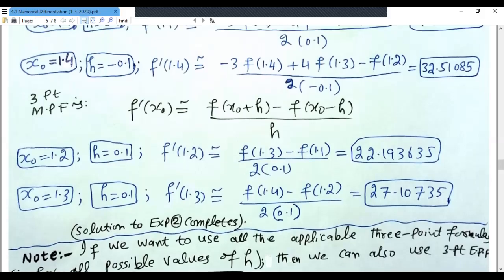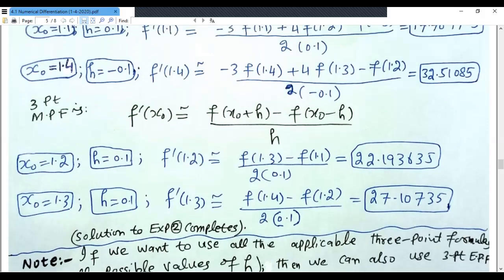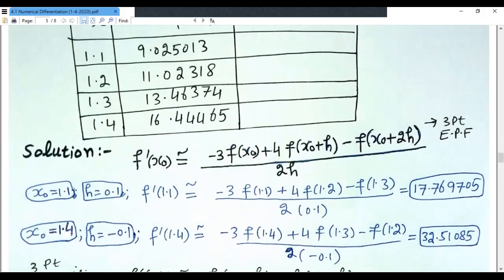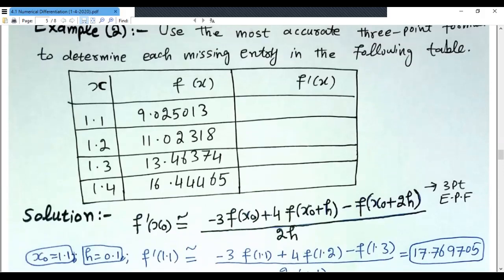The solution to example 2 completes here, because if we look at the table, to find the derivative of the function at 1.1 and 1.4, of course we have to use endpoint formulas. For 1.2 and 1.3, we have to use midpoint formulas, but it depends on the statement of the question.